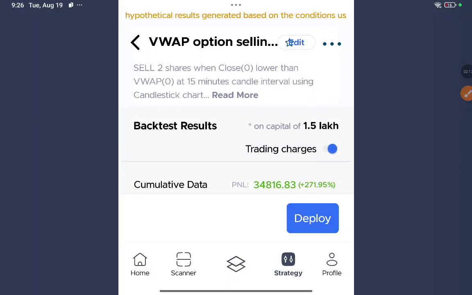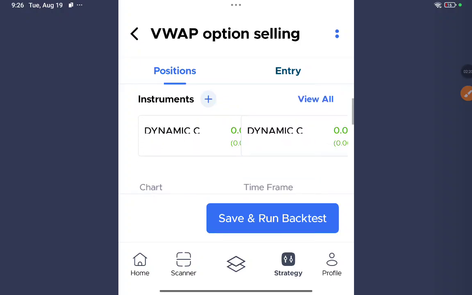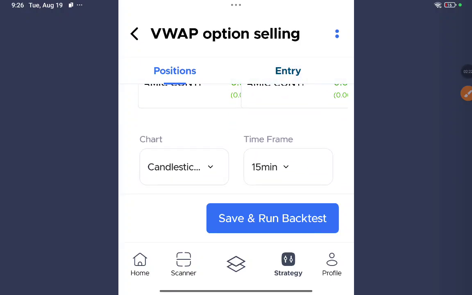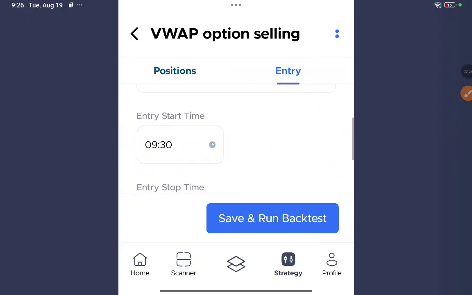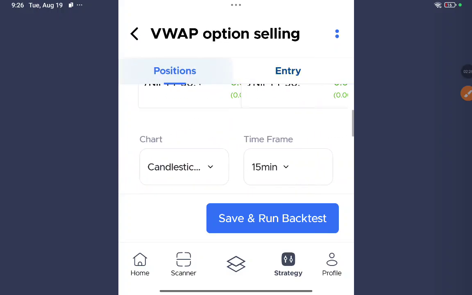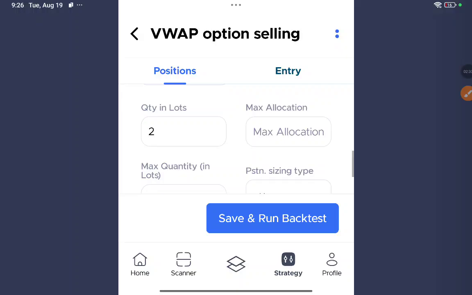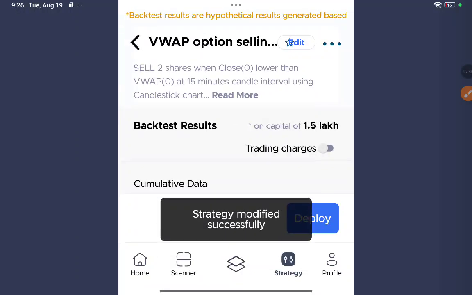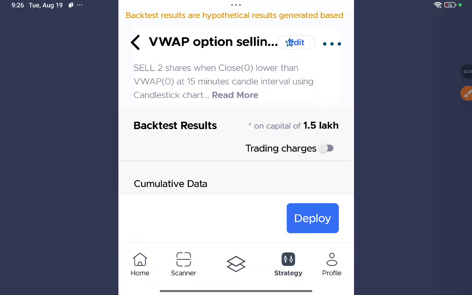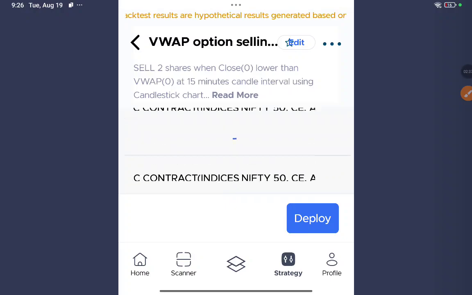If I just want to show you, I will go to entry position. These are the two lots which I'm using. If I save it and run it, you can see capital is 1.5 lakh. It's still running.